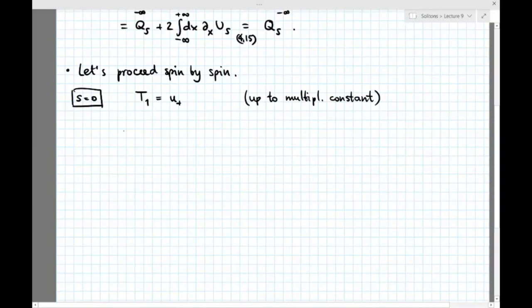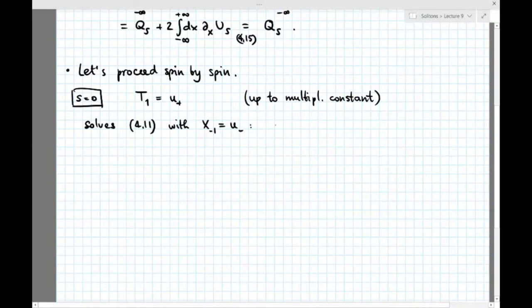Now it's easy to see that this solves the continuity equation 4.11 with the associated current density x minus 1 being nothing but u minus.